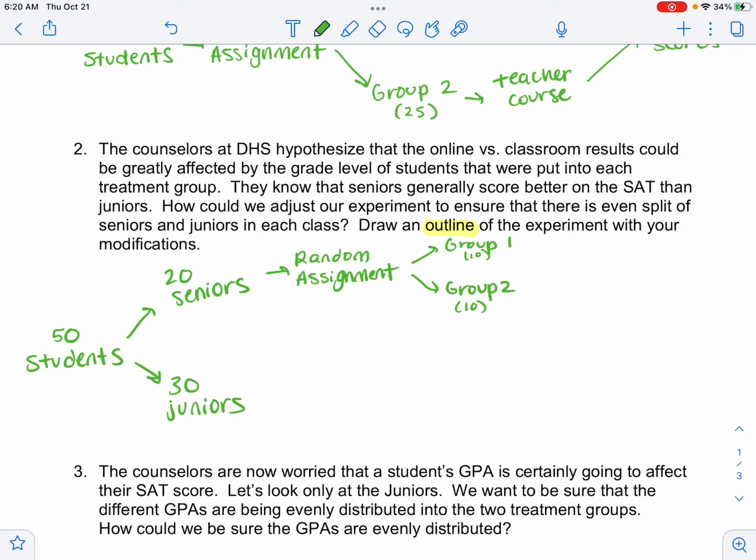And let's say that group 1 is the online course. Group 2 is the teacher course. And then we're going to compare scores of these two groups. And I'm going to do the same thing for the juniors. So they're going to go into some random assignment.